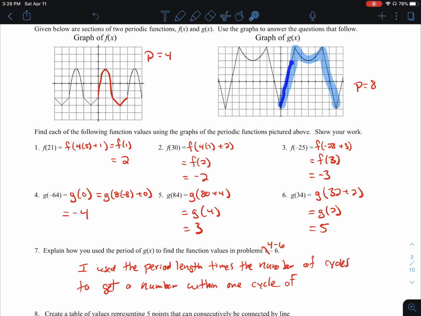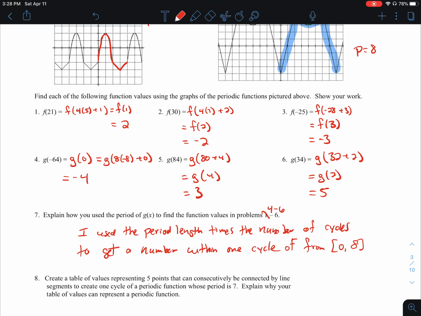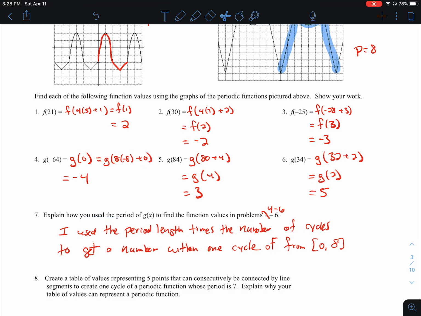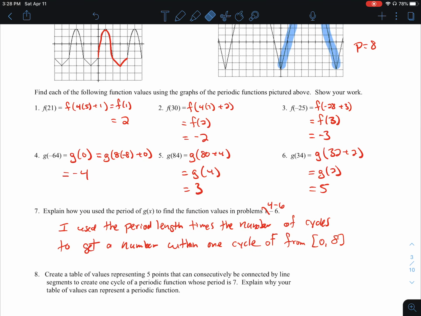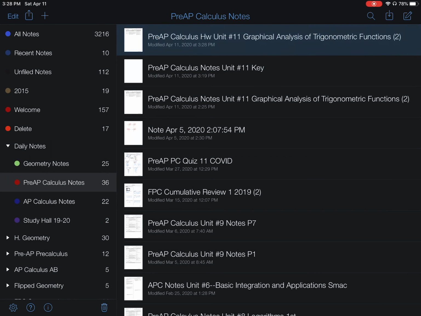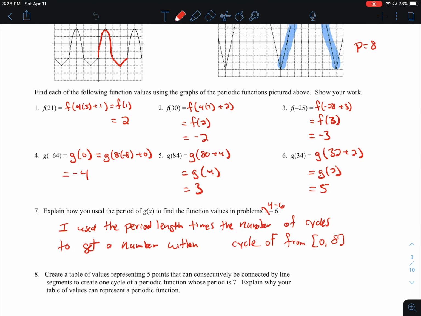Between one cycle, from 0 to 8. I use the period length times the number of cycles to get a number within the first cycle, from 0 to 8.